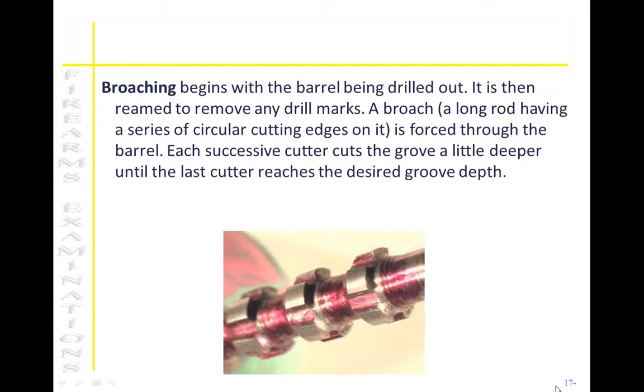This will remove any minor indentions in that barrel itself. Then, once that barrel is smooth, a broach is forced through the barrel itself. And that broach itself is going to have several successive cutters in the broach. So this is going to cut a little bit deeper and deeper as it goes through that barrel.